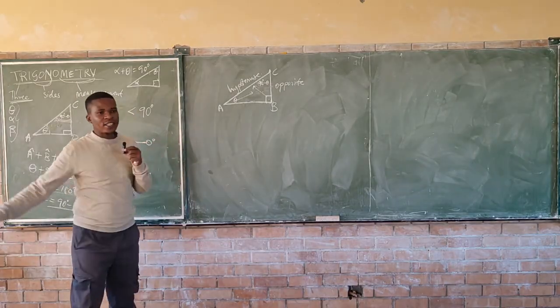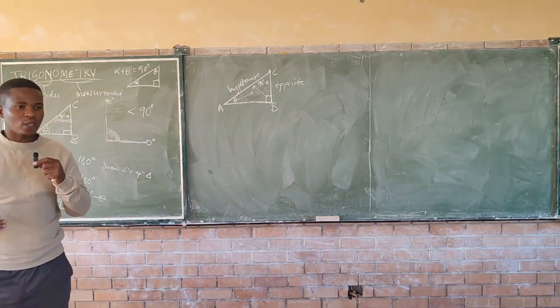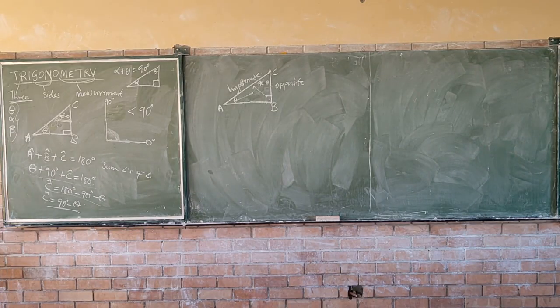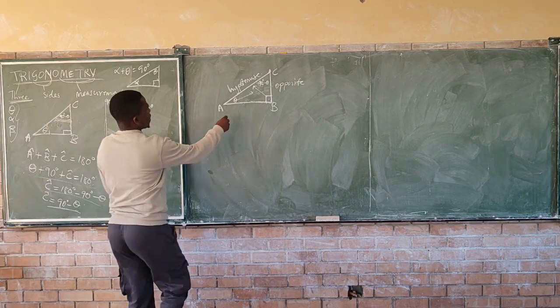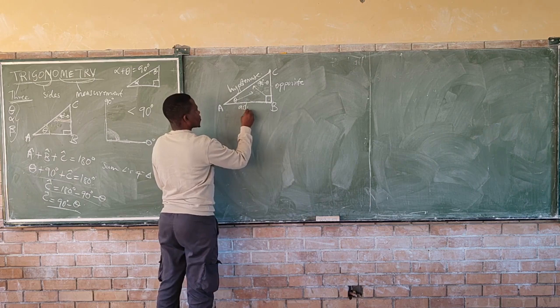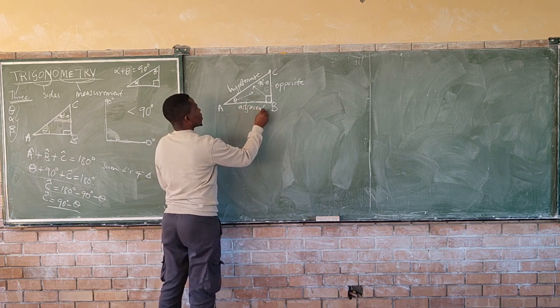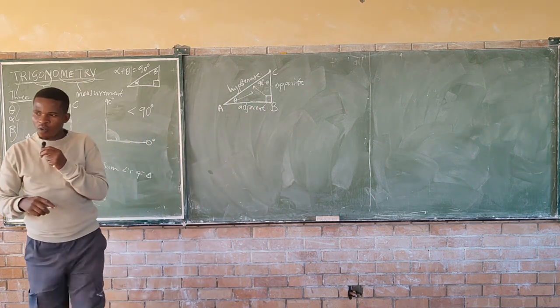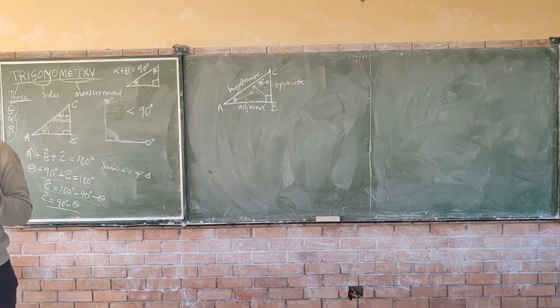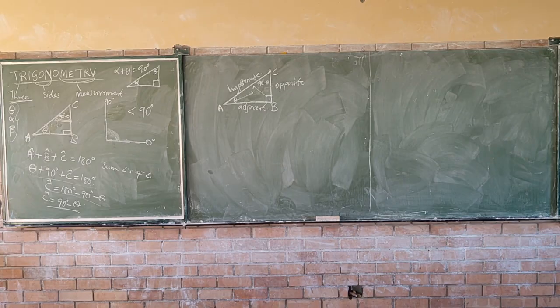Now, the adjacent of the angle theta is the base of that, the surface of this angle. So obviously it's this one again. So this is the adjacent side of angle theta. Is that clear? Now we're just naming the sides.